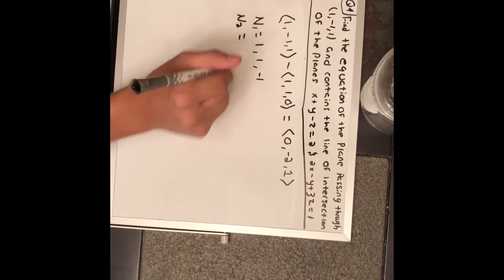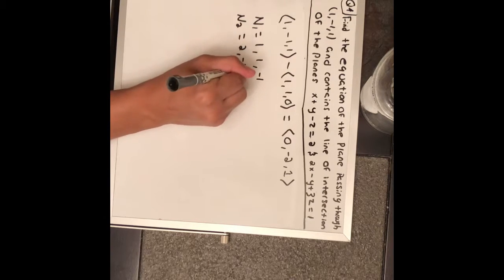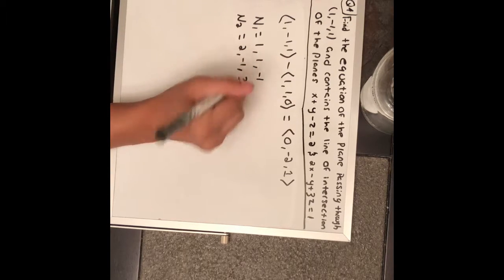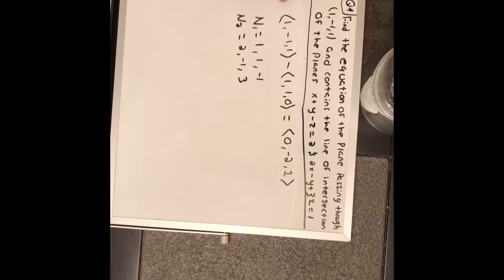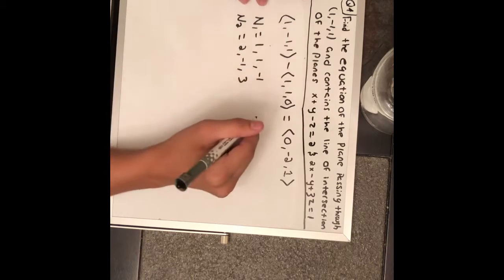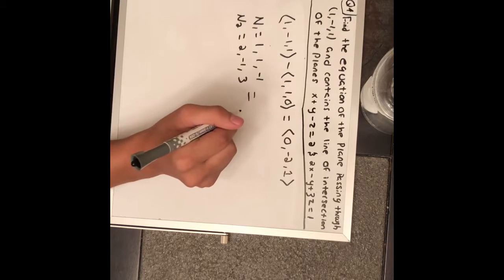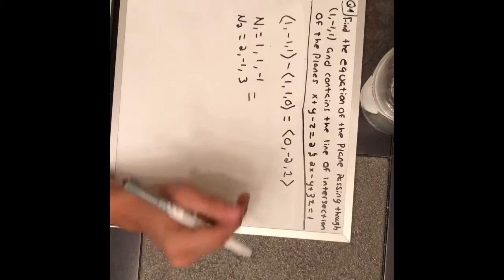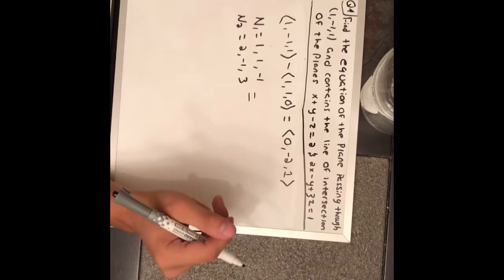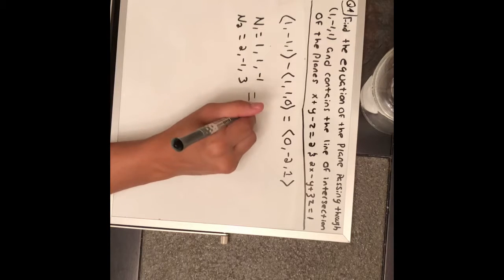For the second, x is 2, y is -1, and z is 3. Now what we're going to do with these is take the cross product, to find a vector that lies along both planes. So crossing them, we get i.